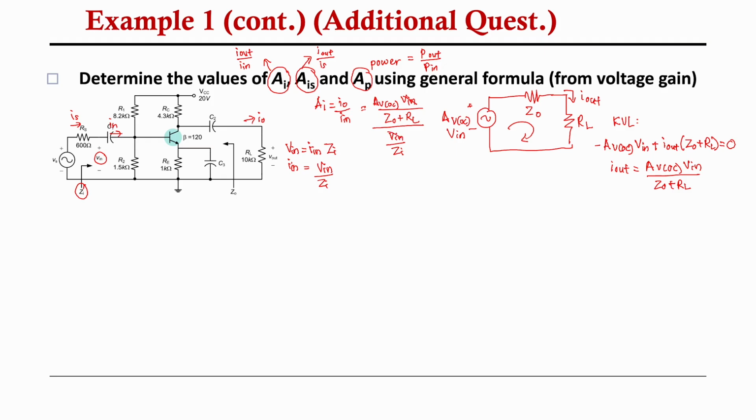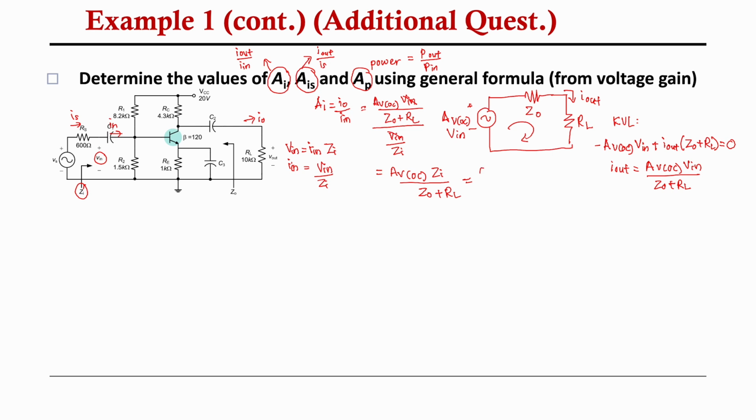So it will become what? It will become AVOC Z in over Z out plus RL, right? So we have all this value from our earlier calculation.